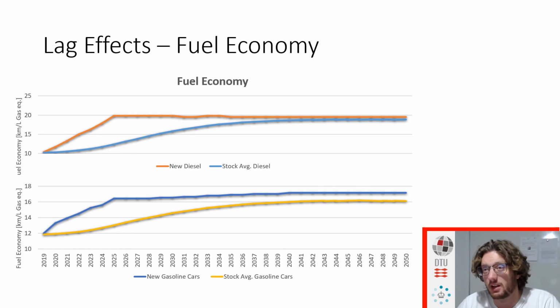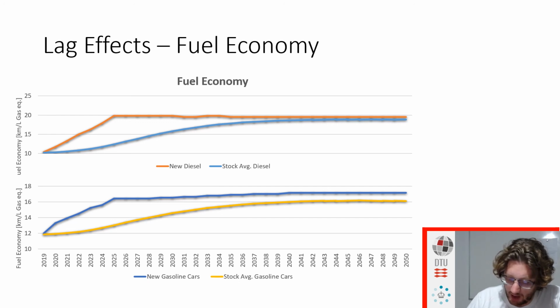The other thing we can say is we also have a lag effect in the fuel economy. It doesn't really show up for electric vehicles because electric motors are wonderful. But for diesel vehicles and gasoline vehicles, we have some quite pronounced assumptions of what can happen to them.